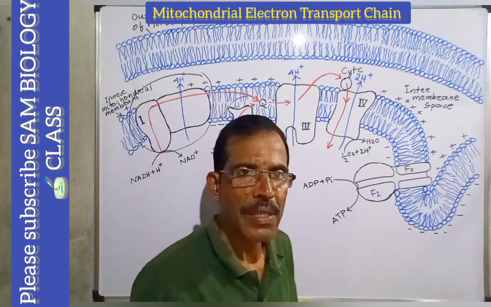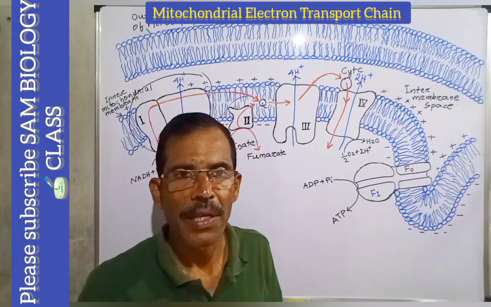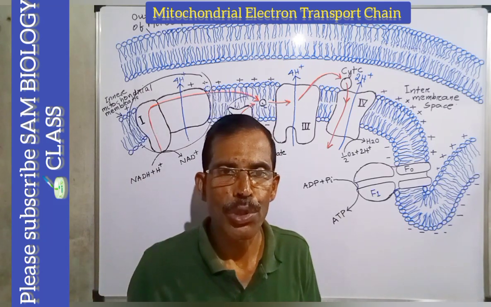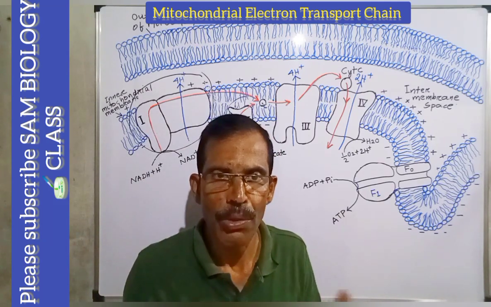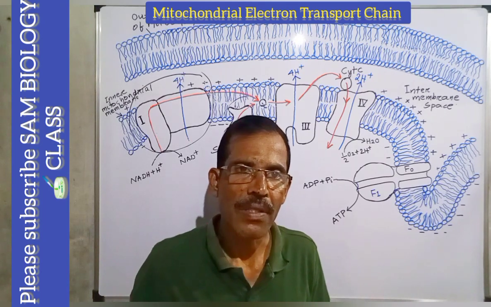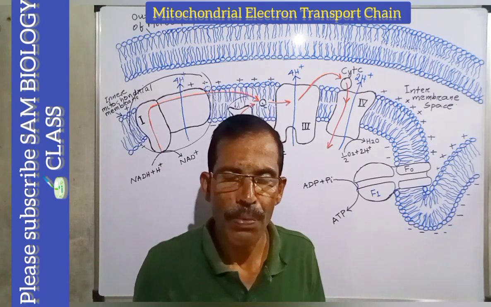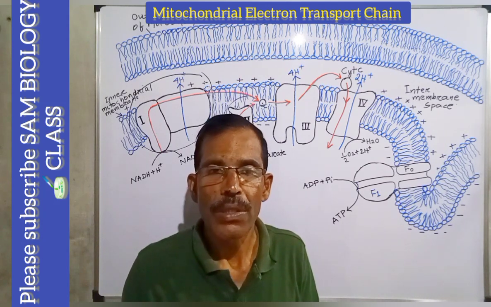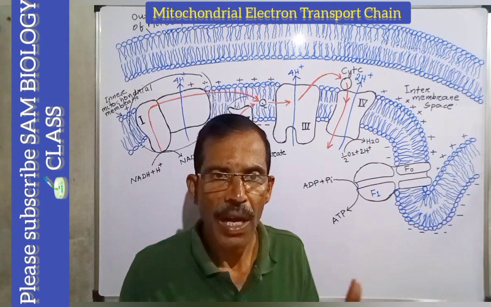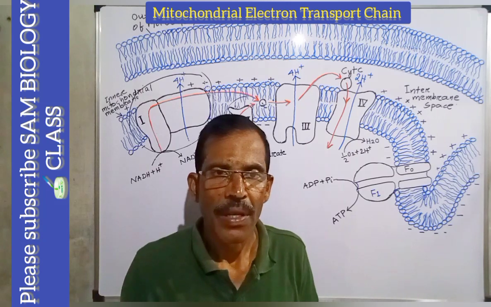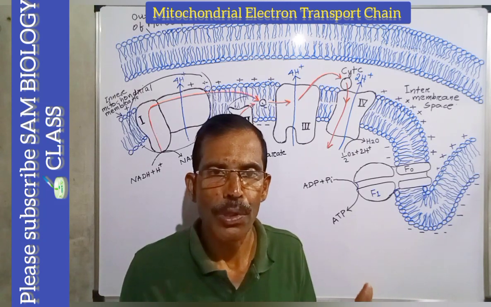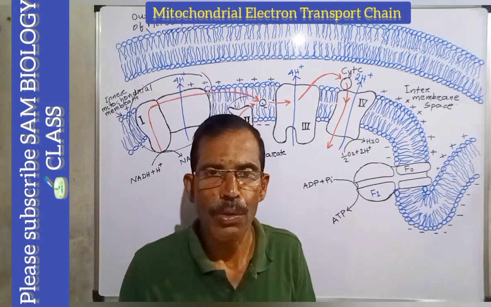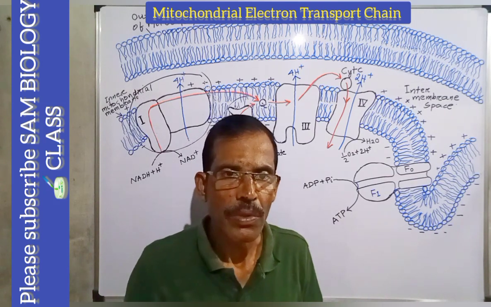This complex is a dimer of identical monomers. Each monomer is composed of 11 different subunits. The functional core consists of one molecule of cytochrome b with 2 hemes, bL and bH, the Rieske iron sulfur protein and one molecule of cytochrome c1.